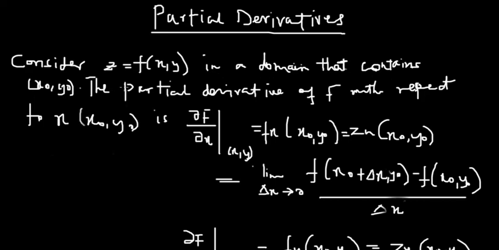What this means is that we have a function z with x and y components, and it will be substituted with x naught and y naught. So x naught and y naught are values, numbers which we usually substitute into the main expression to get a specific answer. Now the partial derivative of f with respect to x at x naught and y naught could be represented in this form.